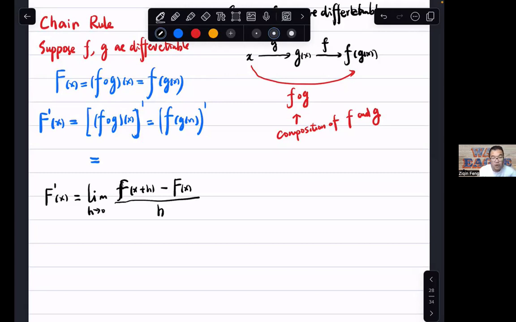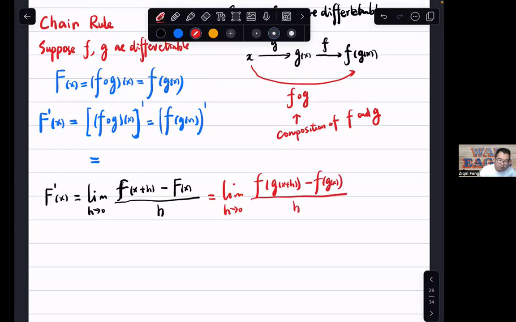That's our definition, always. If you don't have any other tricks, go back to that definition and plug in the function definition. So this is the same as the limit as h goes to 0 of f of g of x plus h minus f of g of x over h.